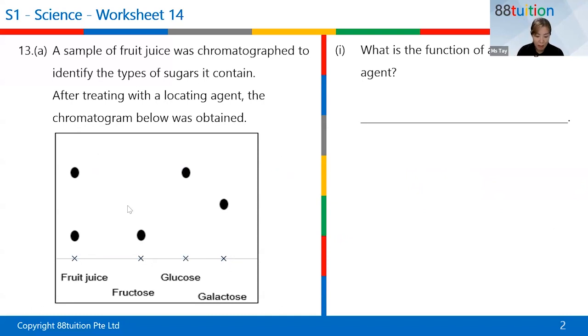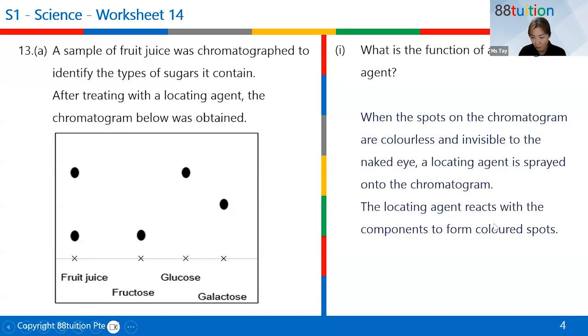Okay, so this is a sample of fruit juice here. It's being chromatographed to identify the types of sugars it contained. After treating with a locating agent, the chromatogram was obtained. So we talked about this locating agent already, so this part is already completed. We said that sometimes spots on the chromatogram can be colorless and invisible to the eye, so we need to put this locating agent.